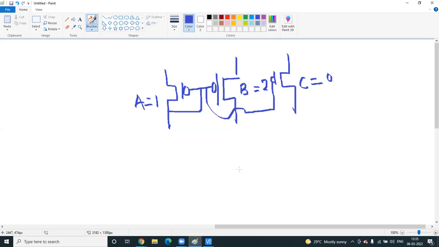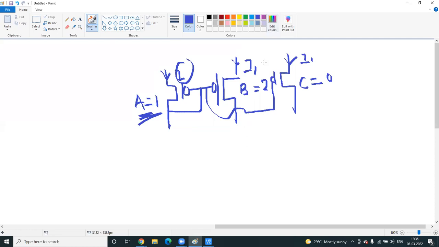Common centroid matching is only for the diff pair. For a current mirror, in some cases it will be interdigitization, and in some cases it is called normal matching. Normal matching means this is your direct current, and this current should be the same as the other current. Theoretically, just understand this: I equals I1 plus I2. Which one has the gate and drain directly connected? This device is also called diode connected. This is your reference current. Understood?